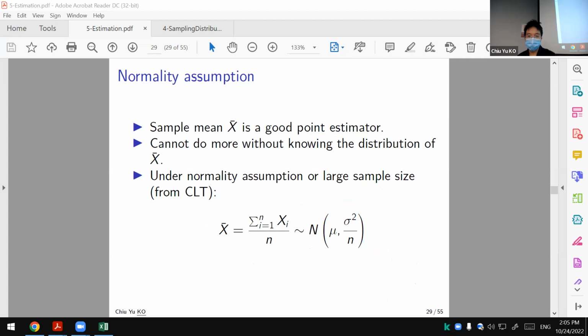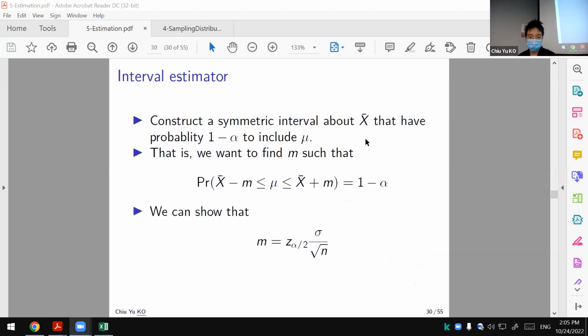Later you will see we have to make assumptions one way or the other. Now, the question is, because we know X bar is so good, that's why I'm talking about interval estimator. We really want to have a symmetric interval.